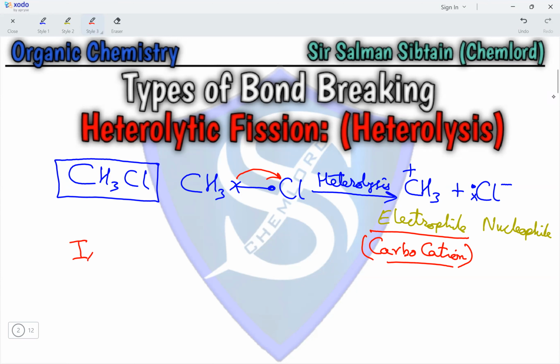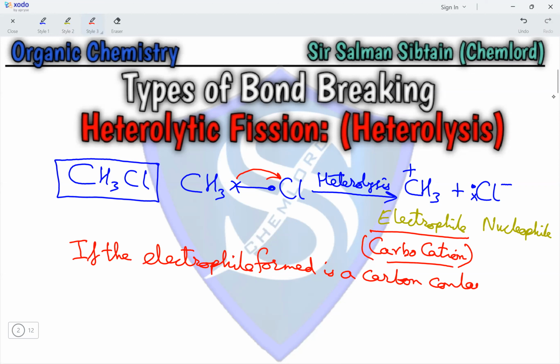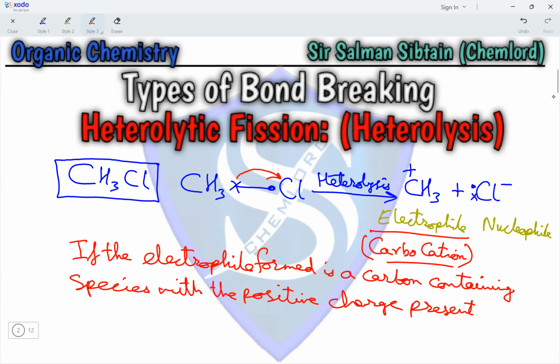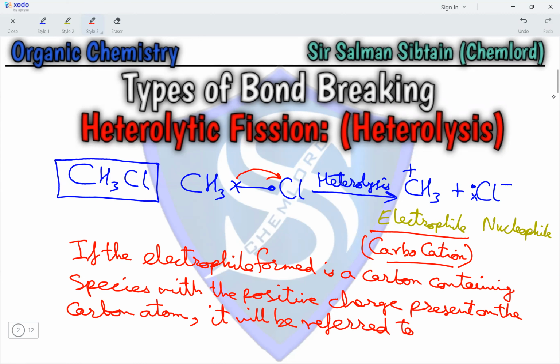So, if the electrophile formed is a carbon containing species with the positive charge present on the carbon atom, it will be referred to as a carbocation, and this needs to be remembered.